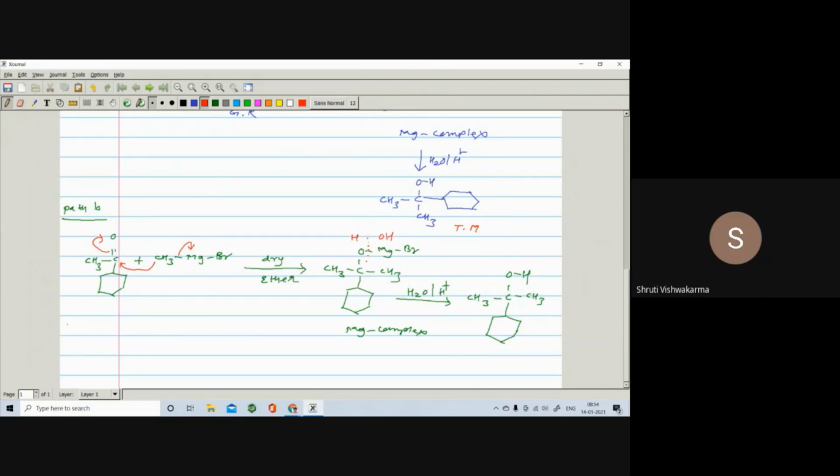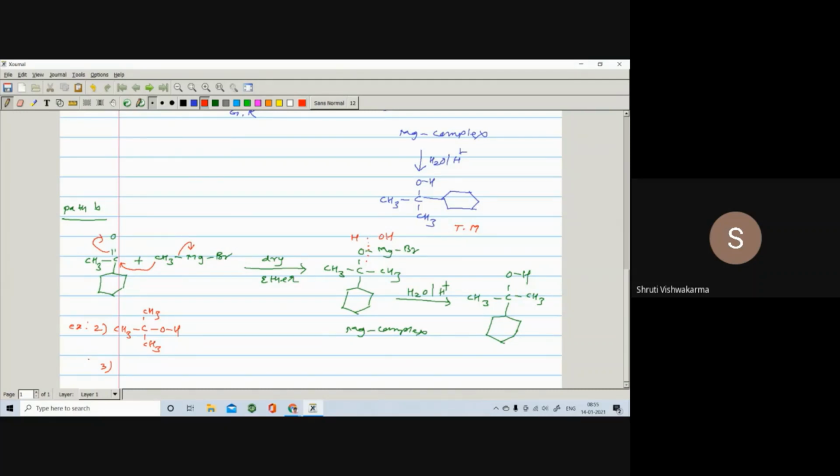Example, we can write the disconnection of example number 2, that is CH3, CH3, CH3, all are the same. So we can carry out disconnection only by one path. Number 3 example. So these are some examples they have asked.